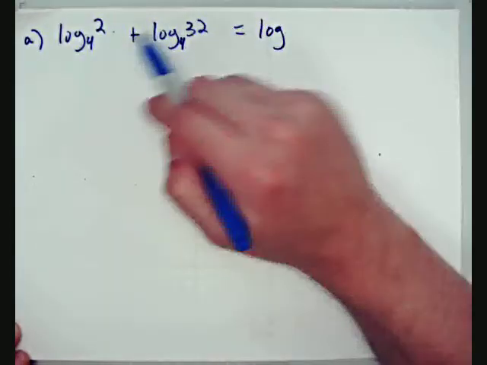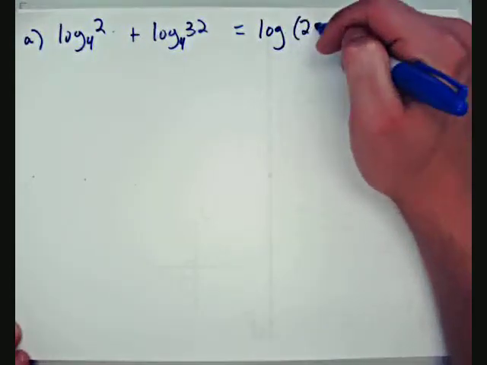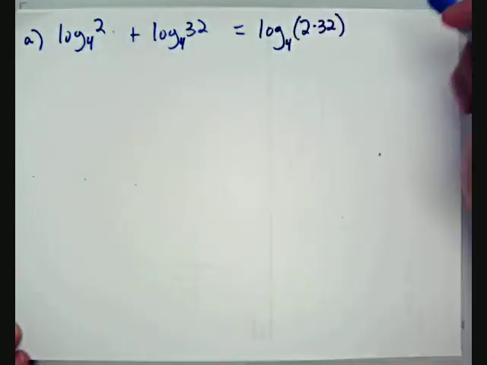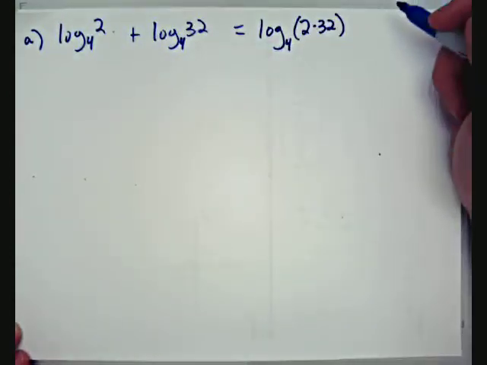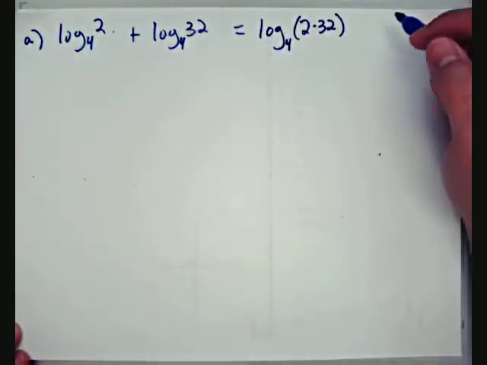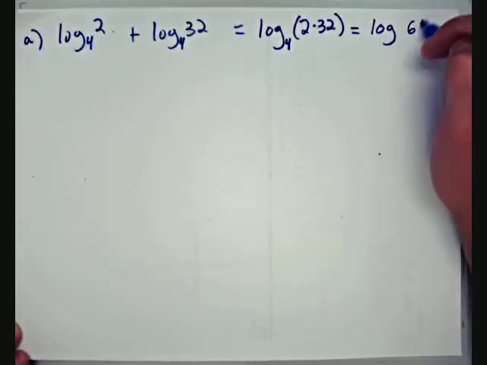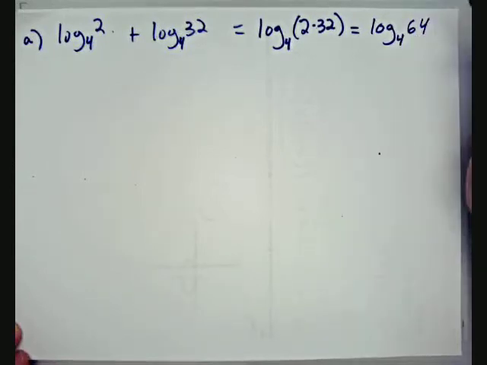Since we are adding, we would want to multiply 2 and 32, and the base remains 4. 2 times 32 is 64, so this is the log of 64 base 4.